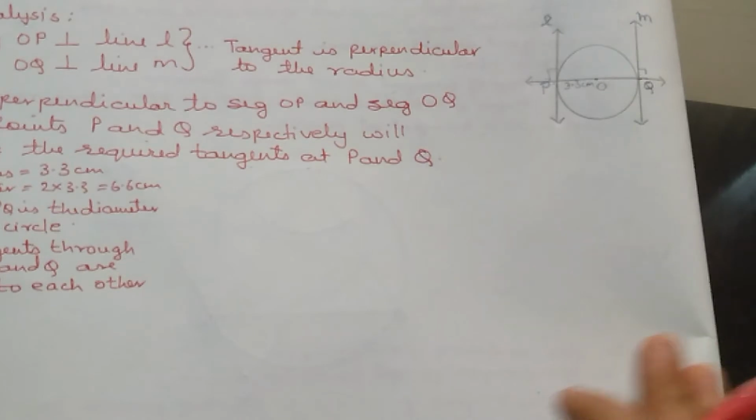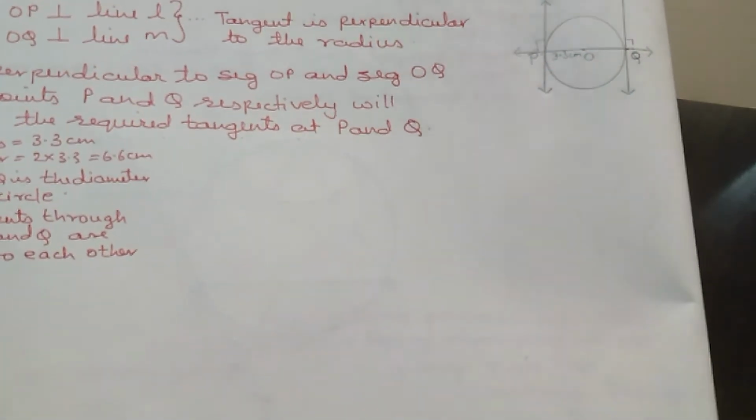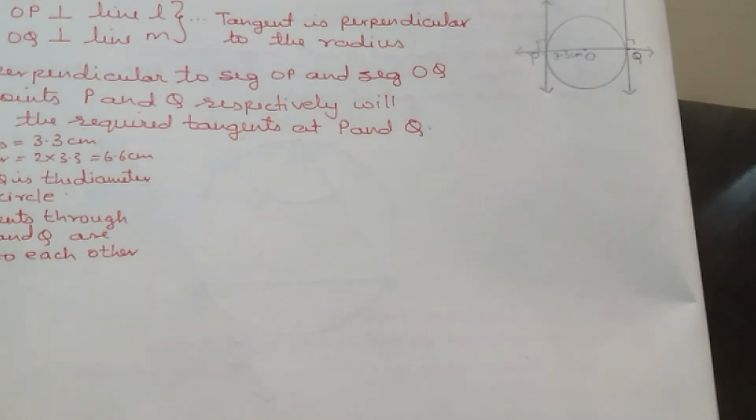Now we will construct the circle and the tangent. Now take radius 3.3 centimeter.